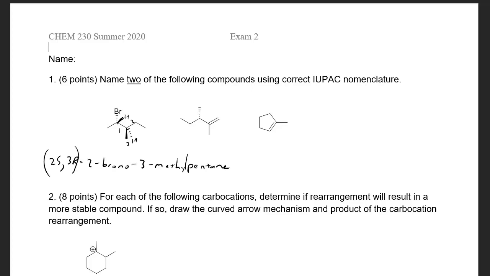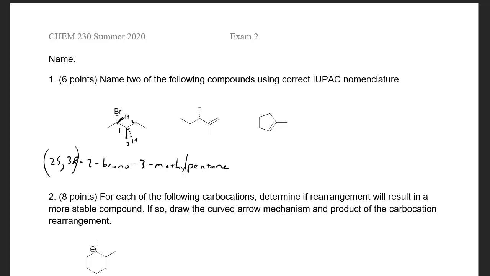For the next compound, we have 1, 2, 3, 4, 5 carbons. We have pentane again. We have a methyl group at the 2 position here, and we have a methyl group at the 3 position here, and we have an alkene between carbon number 1 and 2.